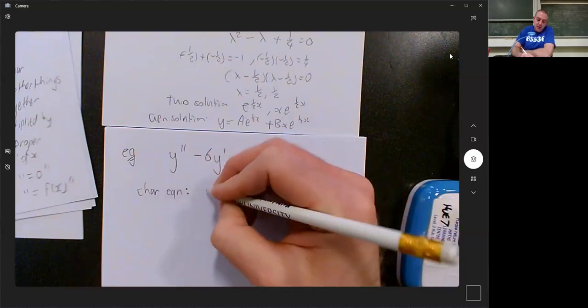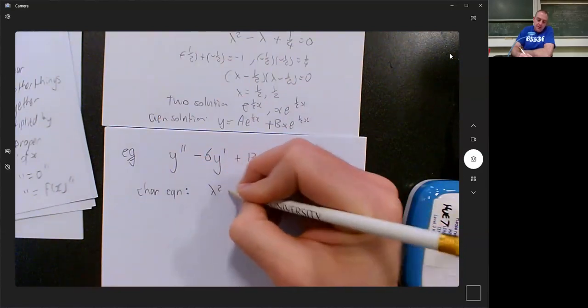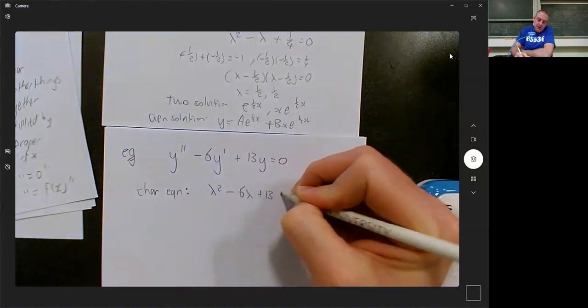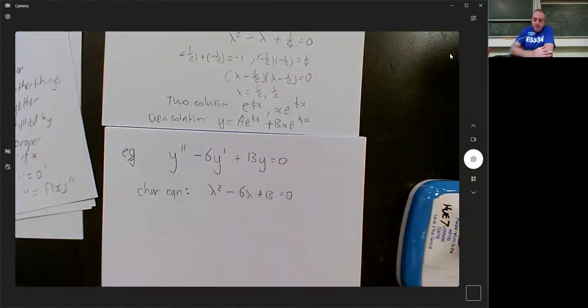Characteristic equation is lambda squared minus 6 lambda plus 13 is 0. And I would have to think of two things that add to give minus 6 and multiply to give 13.